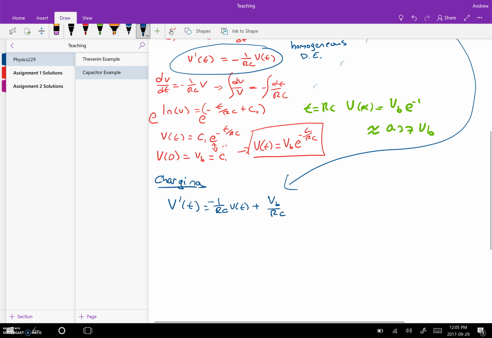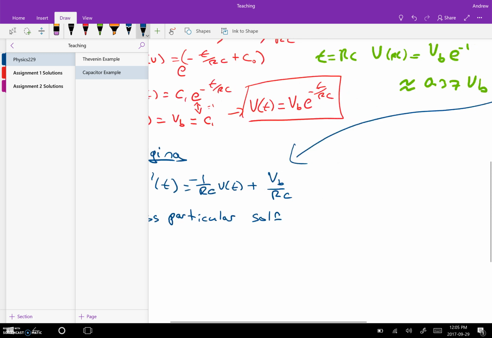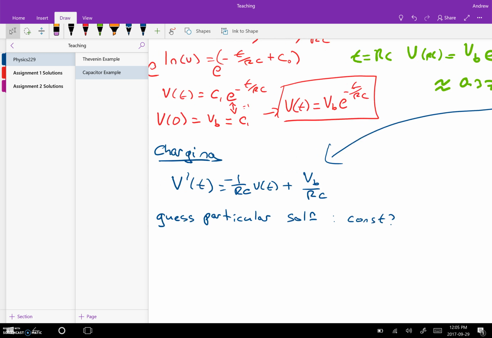So this just means that, let's just say we can guess a particular solution is a constant, say. Does a constant work? Does a constant solve this equation? Let's see. Suppose so. So V particular is equal to some constant K. Well, what does our equation say then?